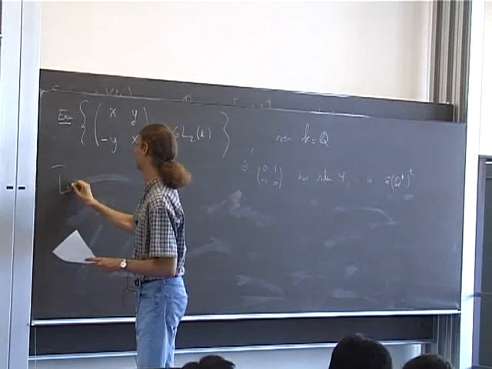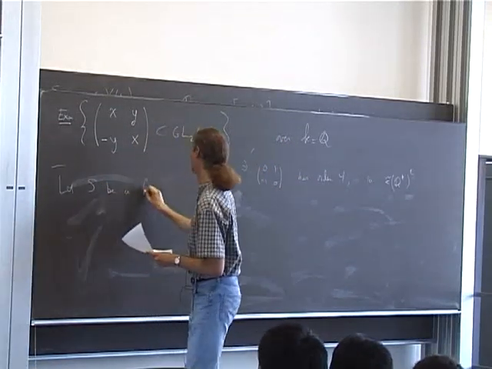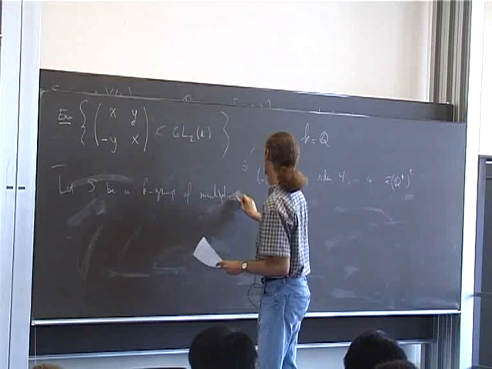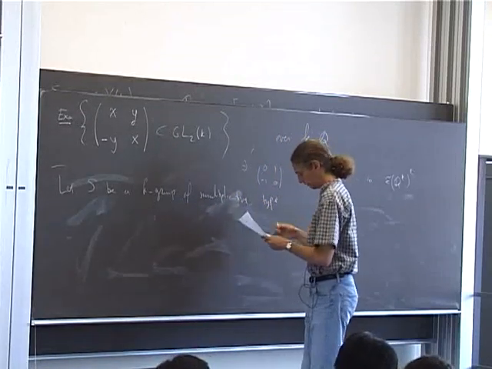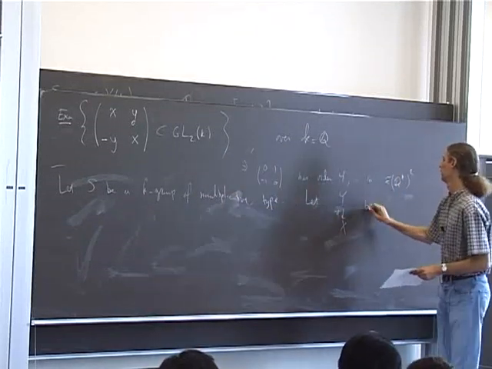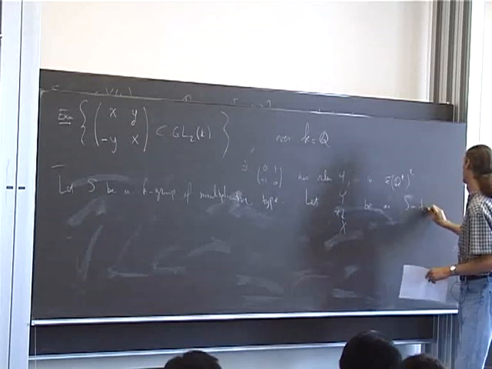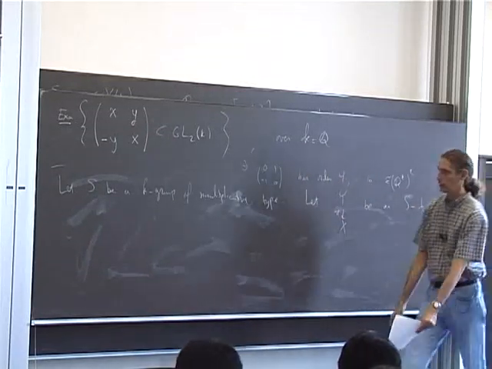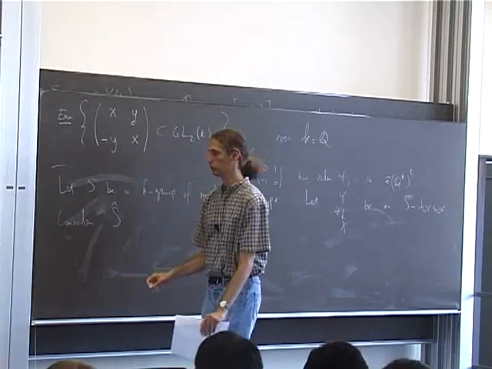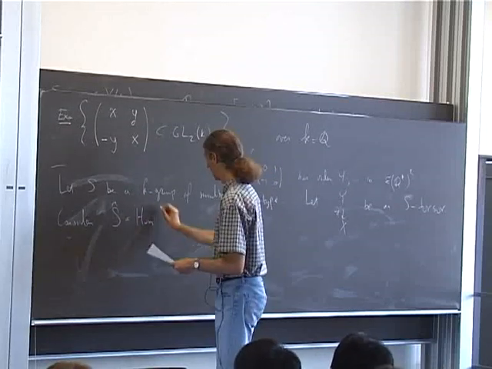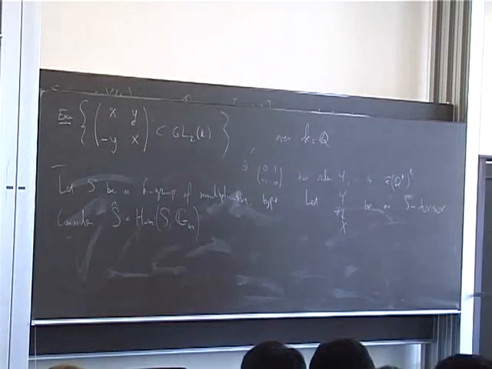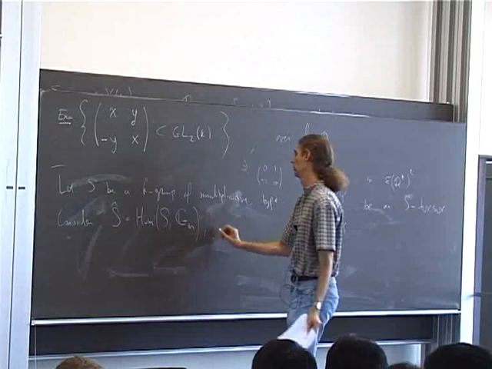Okay, so let S be a K-group of multiplicative type, and let Y to X be an S-torsor. And then consider the dual group, which is Hom of S into G_m. So this is a Galois module.